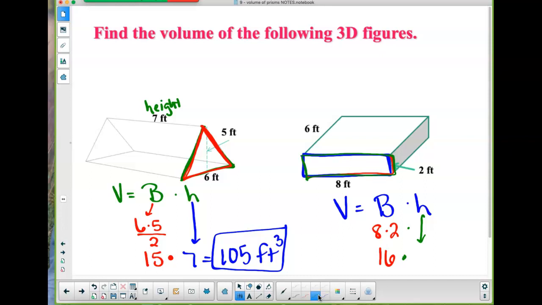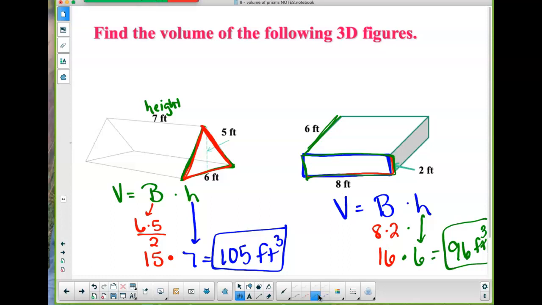I can't use the 8 or the 2 again, so which number do I have to use? Zachary. The 6. The 6 is the height. So 16 times 6 is 96 feet cubed. Questions there? Any questions there?